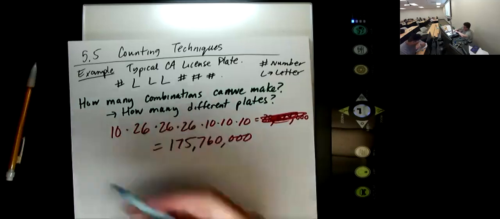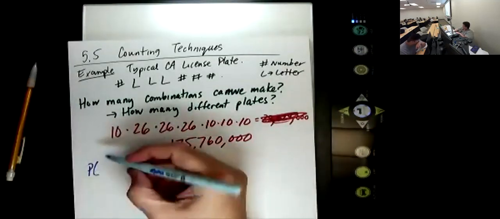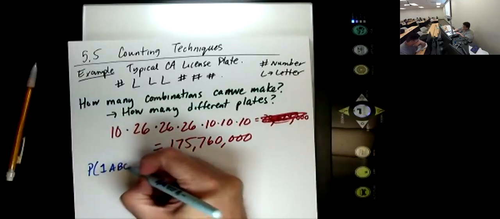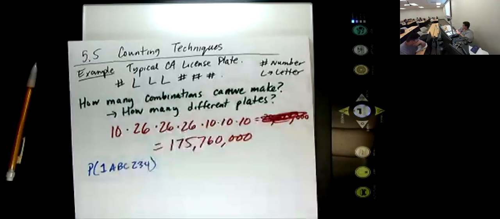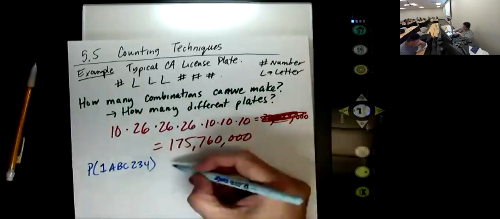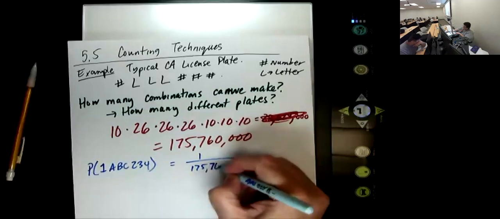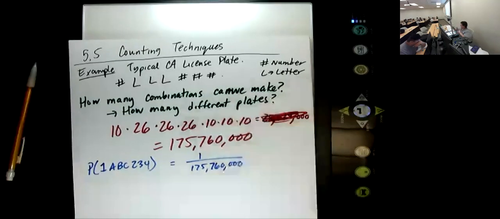So the probability of a very specific plate, like 1 A, B, C, 2, 3, 4, there's only one plate like it out of 175,760,000. I'm going to leave it like that. I don't need to turn it into a decimal.